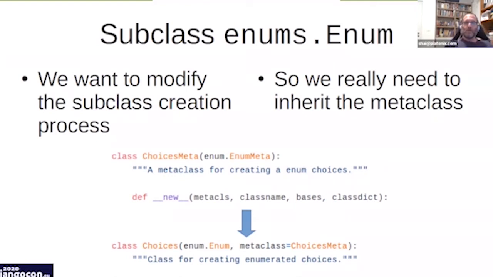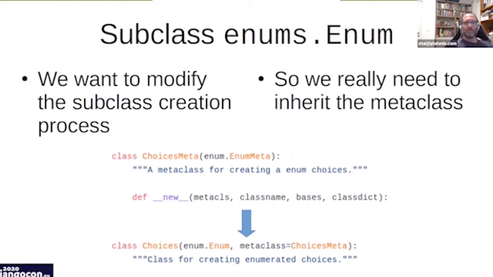So we want to subclass enum's enum, but what we really want to modify is the subclass creation process to enable the creation of classes which are subclasses of our class and have special properties. For this, what we really need to inherit is the meta class.